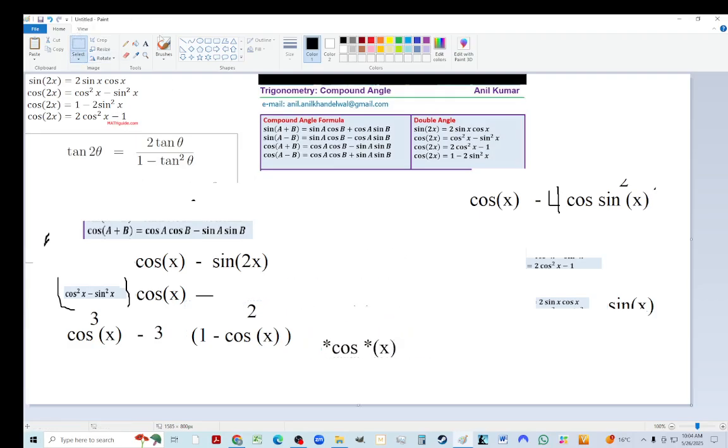So if I do minus 3 times that, I get minus 3 plus 3 cos squared times cos. What's cos squared times cos? Let's take care of these two first. Cos cubed. So I get minus 3 plus 3. This is another version of this one. Try to remember that this becomes cos cubed because that's the second cos.